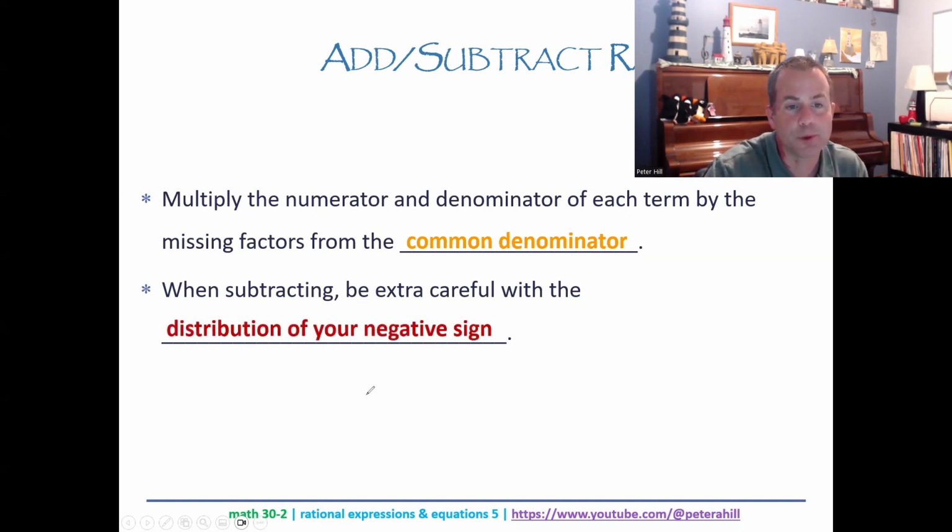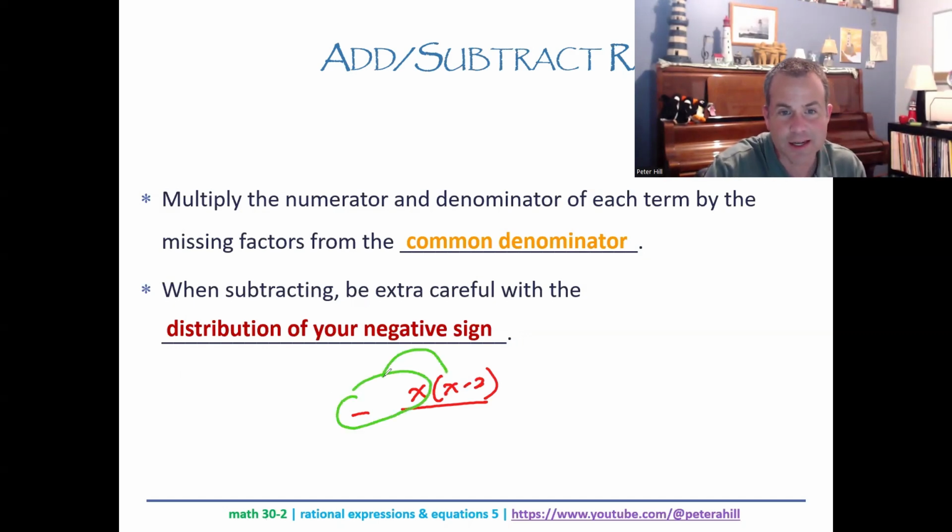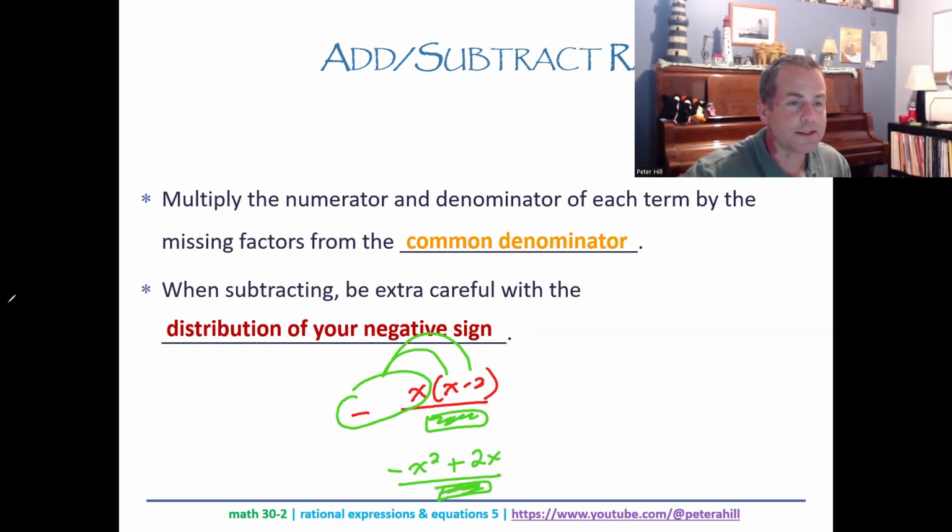So that was an example, like if I had negative x times x minus 2, just be careful that you remember that's kind of like a negative x times x and a negative x times a negative 2, okay? There'd be something down here. I don't really care what it is right now. I'm just trying to say that'll end up being negative x squared plus 2x over whatever was down there, okay? Awesome possum.